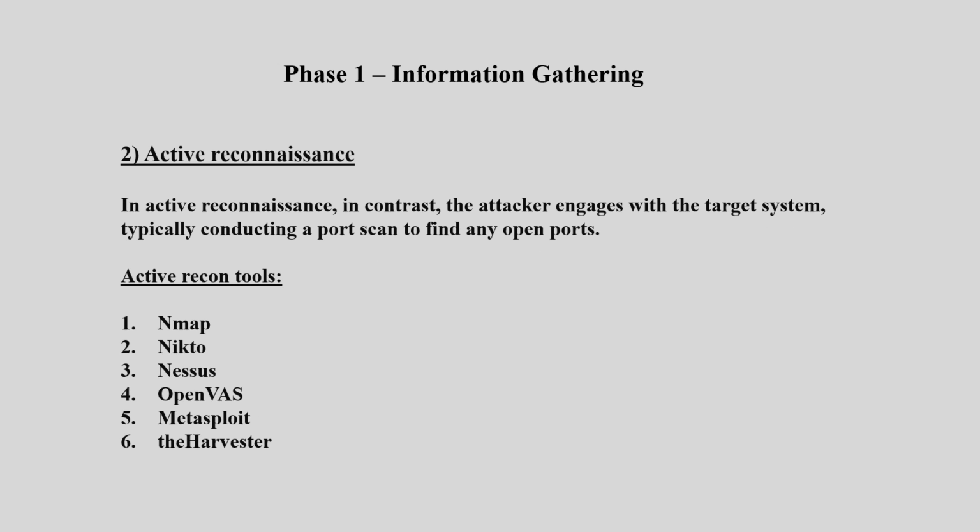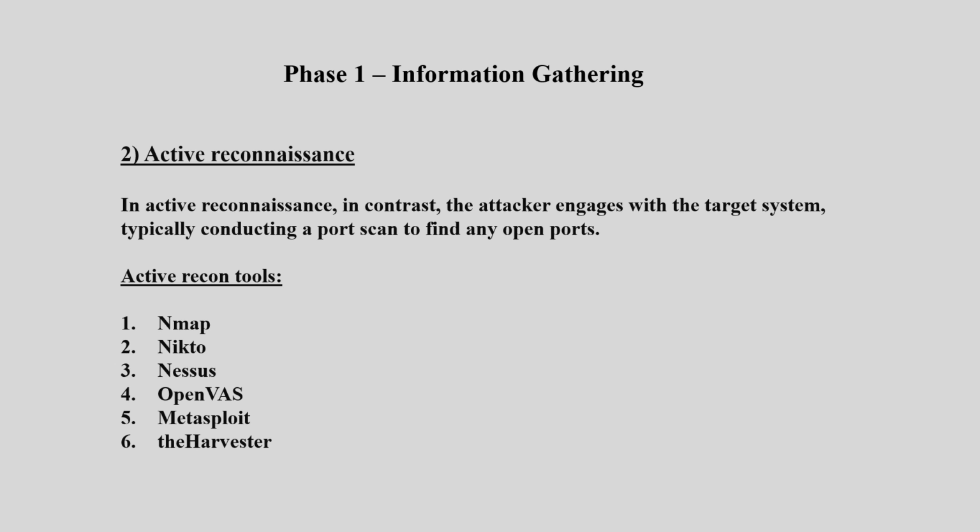active reconnaissance. So in active reconnaissance, the attacker engages with the target system, typically conducting a port scan to find any open ports. So basically, active reconnaissance is when you interact directly with the computer system in order to gather system specific information about the target, unlike the passive information gathering that relies on the publicly available data or information.